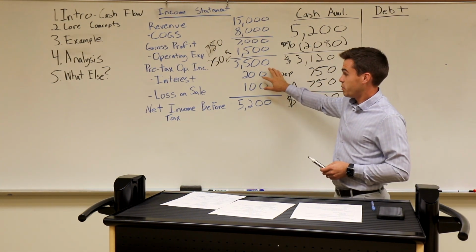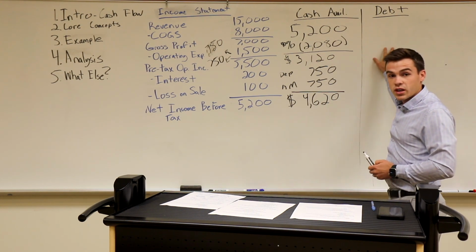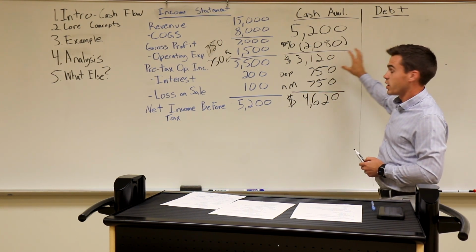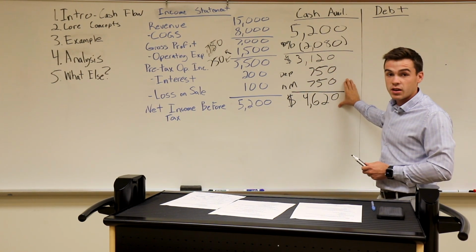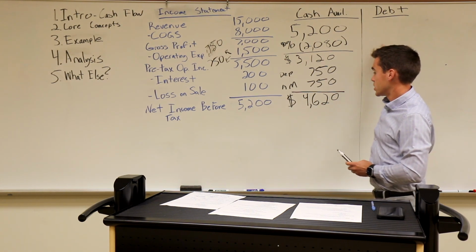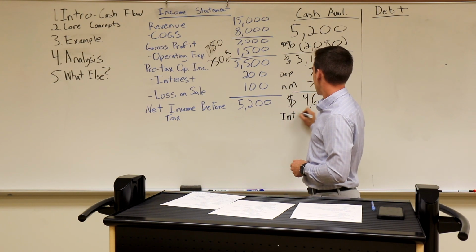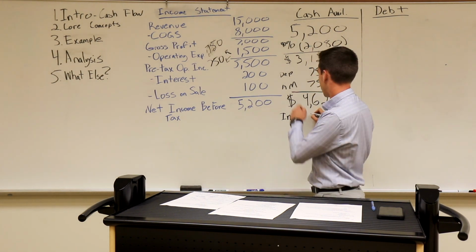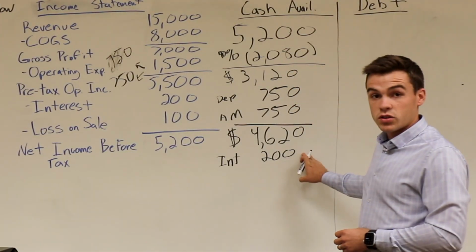But because we're going to be capturing this on this side of the equation, because that's part of what they need to pay on their debt, we don't want to double whammy them. We want to give them credit for the interest that they're paying here, and then we're going to account for that on the debt side of the equation. So what we're going to actually do is add back interest expense here of $200,000. So now we've given them credit for their interest expense.